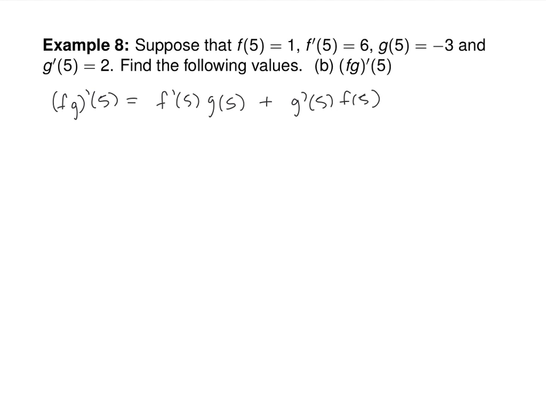And the order of that last term doesn't matter, does it? She could have written f of 5 first and g prime second. Oh, it doesn't matter. Yep. If you want to put your derivatives first and your regular functions second, it does not matter in the end. Okay, f prime of 5 is 6, right? g of 5 is negative 3, plus g prime of 5 is 2, f of 5 is 1, so I think negative 18 plus 2 is negative 16.